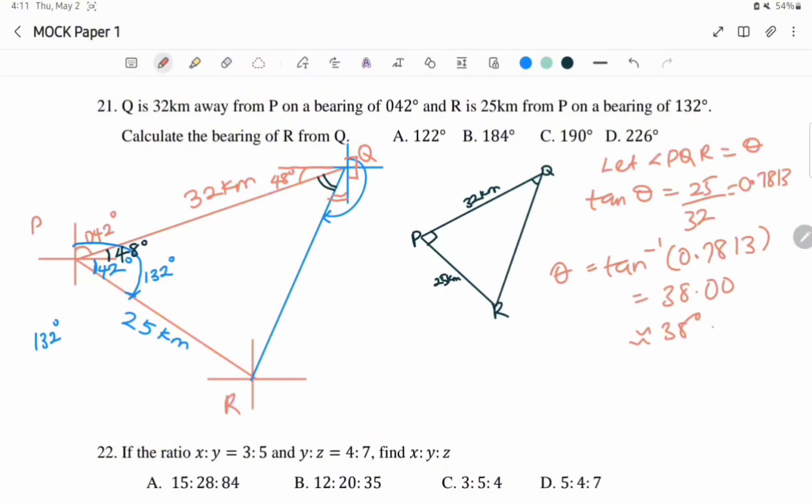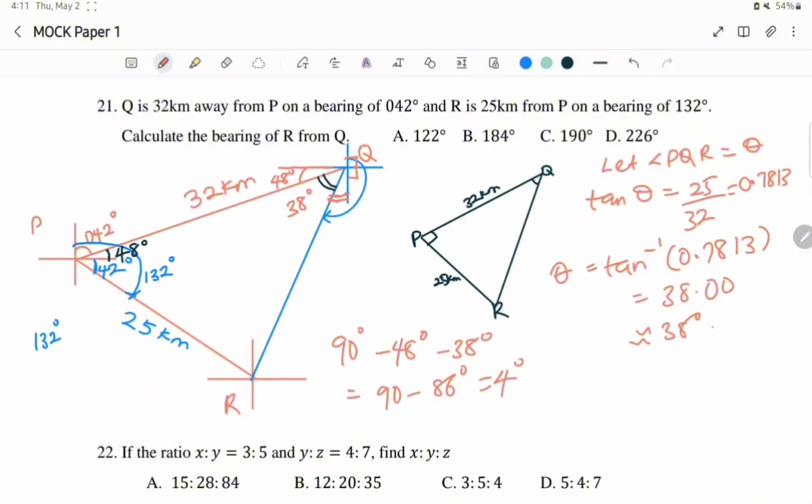That means if this is 48 degrees and this is 38 degrees, the angle here is no longer difficult to find. It is simply 90 degrees minus 48 degrees minus 38 degrees, which is 90 minus 86 degrees, and that's 4 degrees.